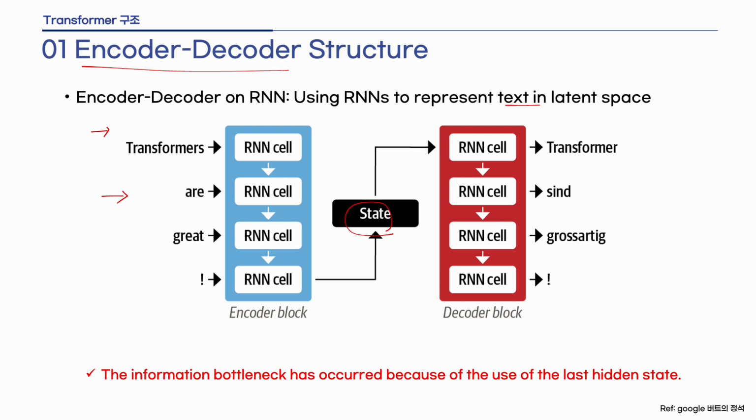As you can see, the sentence "transformers are great" has been stored at the last hidden layer of the RNN, and we take this last hidden layer as the latent state, the bottleneck representation, and pass it into the decoder. The decoder tries to restore the same sentence, or it can be trained for a specific purpose such as machine translation or a summarization task.